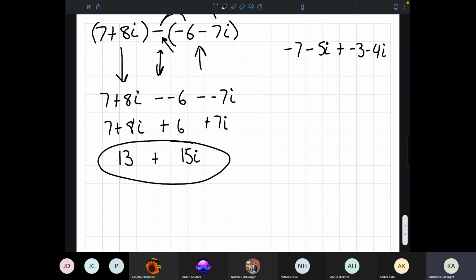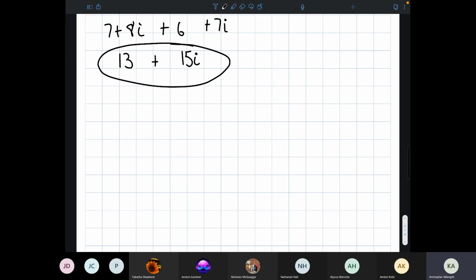So it is 5/6i. It doesn't like it on the bottom.